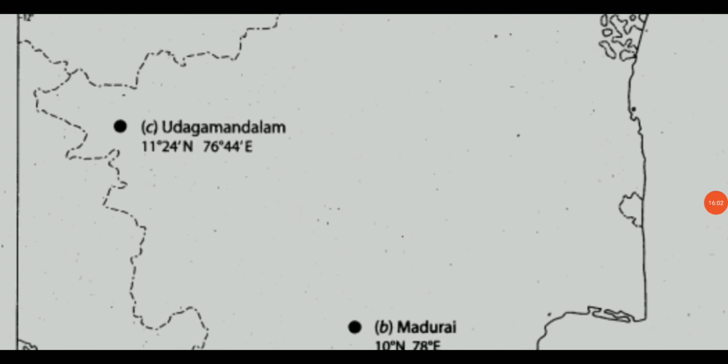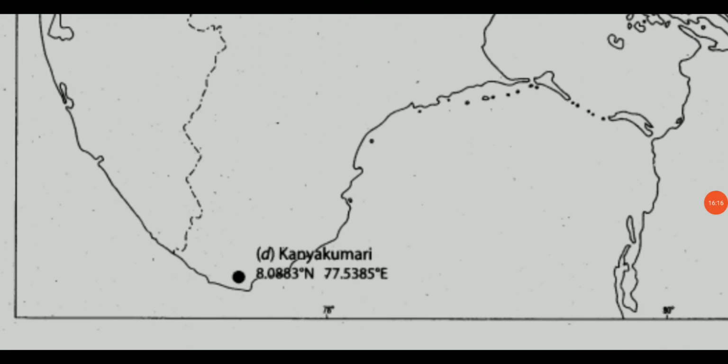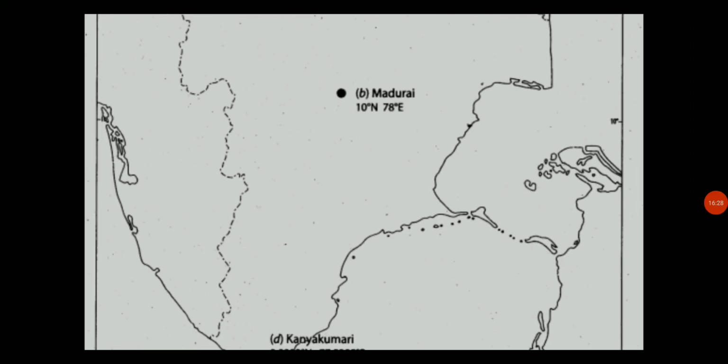And C, the coordinates 11° and 24 minutes north, 76° and 44 minutes east is the point which is in Udagamandalam. And D is Kanyakumari with the coordinates 8.883° north and 77.5385° east. So like this you have to mark in your map.